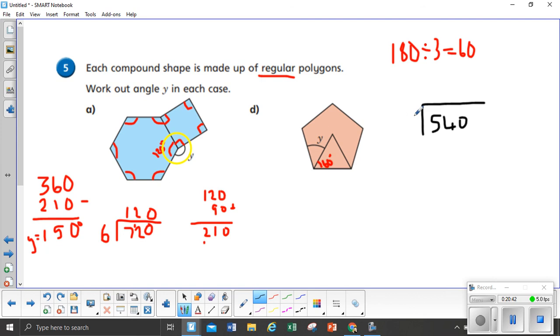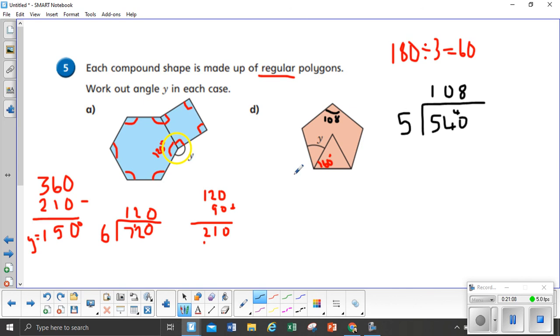It's a 5-sided shape, so it's got 5. How many 5s in 5? 1. How many 5s go into 4? You can't fit any. 4 remains. How many 5s into 40 is 8. So each one of these angles is 108.